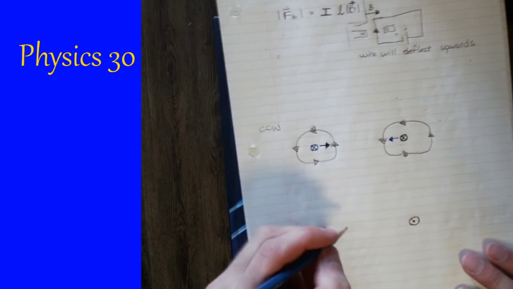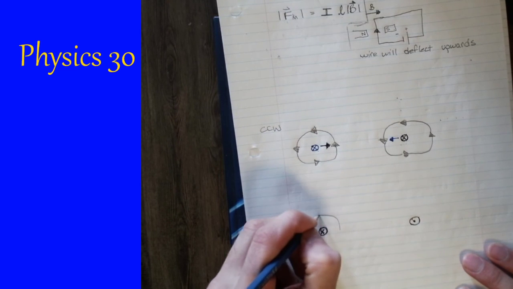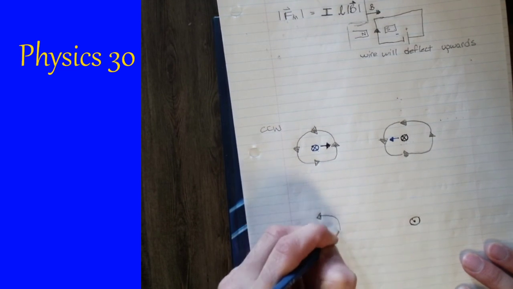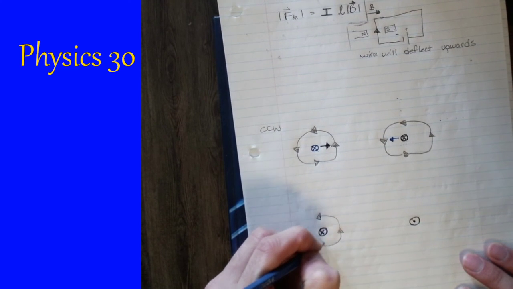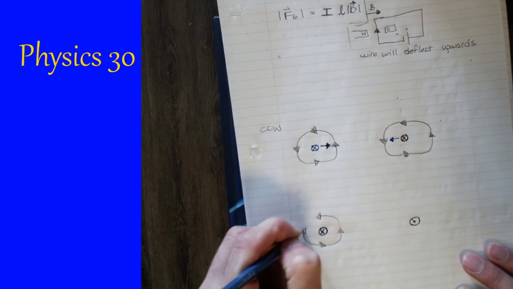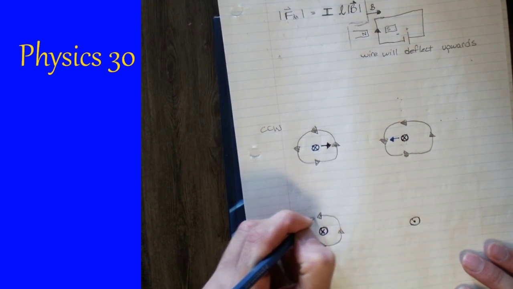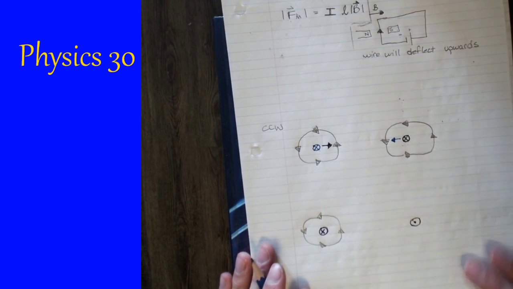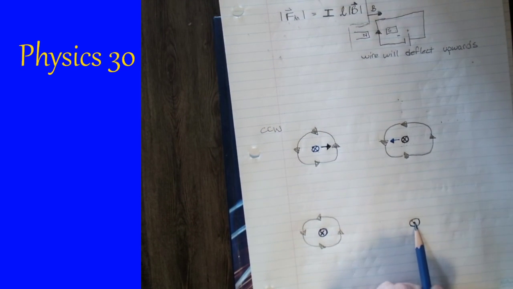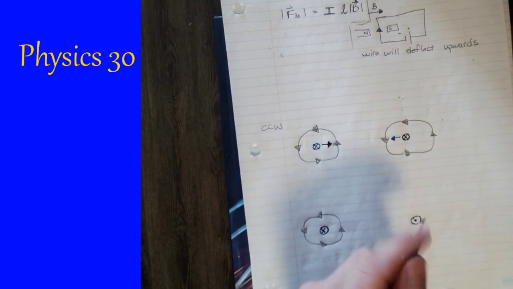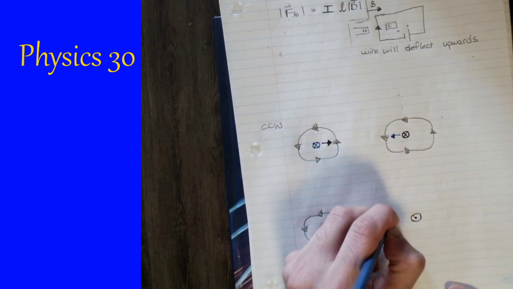So this magnetic field would be exactly the same. So we didn't draw anything different. However, because the electricity is flowing in the opposite direction, the magnetic field should also point in the opposite direction.